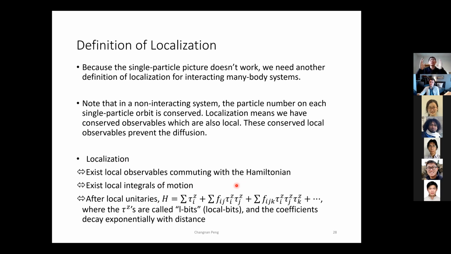In formula, with some local unitaries, we can change the Hamiltonian into a product of those qubits, or local bits called tau, and all the taus are in the Z basis, so each is either 1 or -1. With these quantum numbers, we can label the states of the system. So they just localize in the Hilbert space.